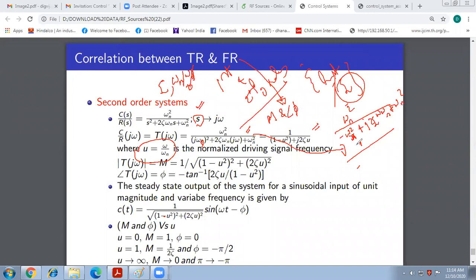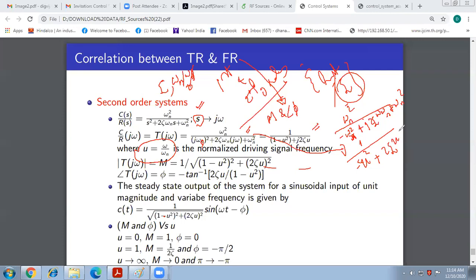Now if I take omega n square common, then what am I left with? I am left with 1 divided by, it will be omega by omega n whole square, that I am calling as u. So it will be minus u square plus 2 zeta. When I take omega n square common, 1 omega n in the denominator gets cancelled here, so omega by omega n remains.